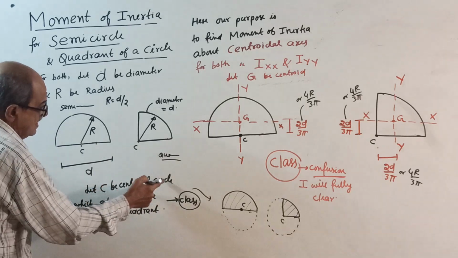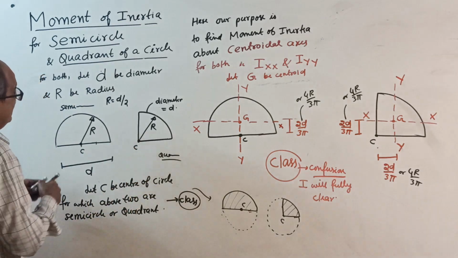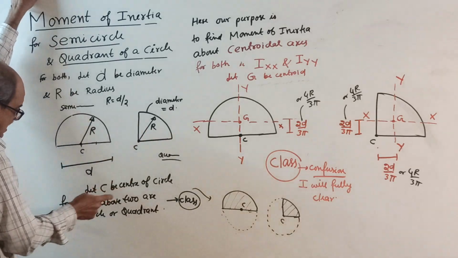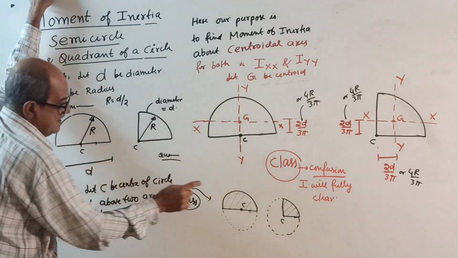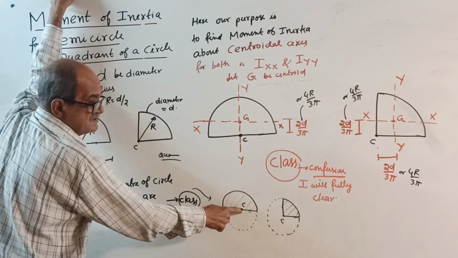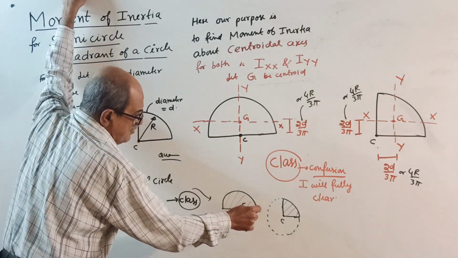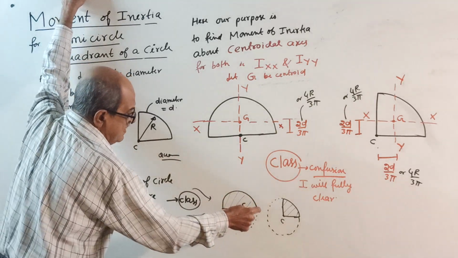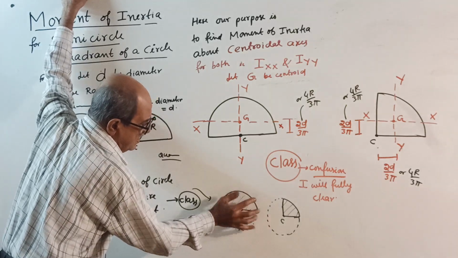Let C be the center of the circle for which the above two are either a semicircle or a quadrant of a circle. For the semicircle, the center is here. Continue the semicircle and you get a circle; for this circle, this is the center.